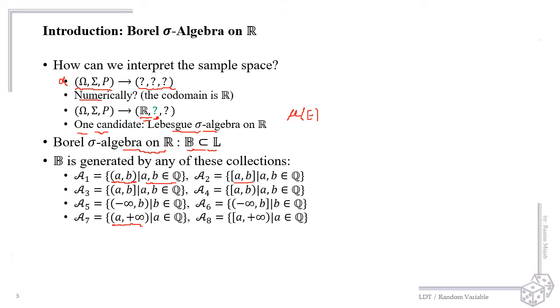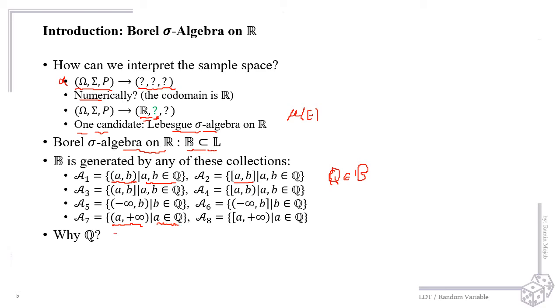As I said before, the union of these intervals or set of numbers are all in this Borel sigma algebra. For example, Q is in this sigma algebra. Okay, why do we say that the bounds must be a rational number?